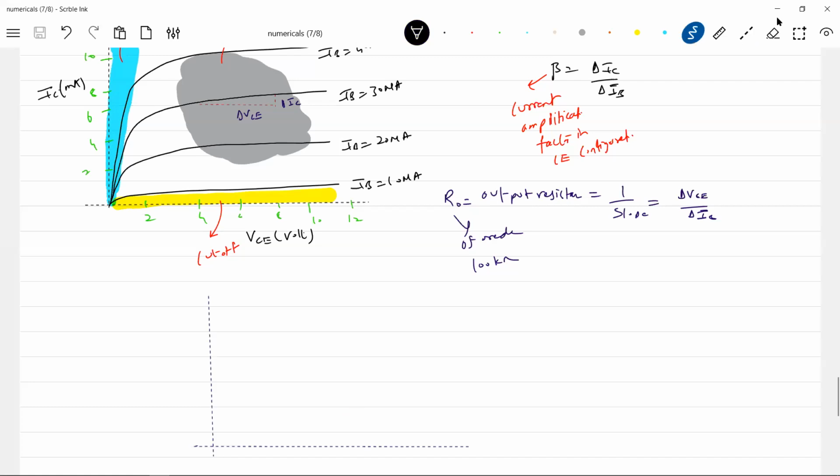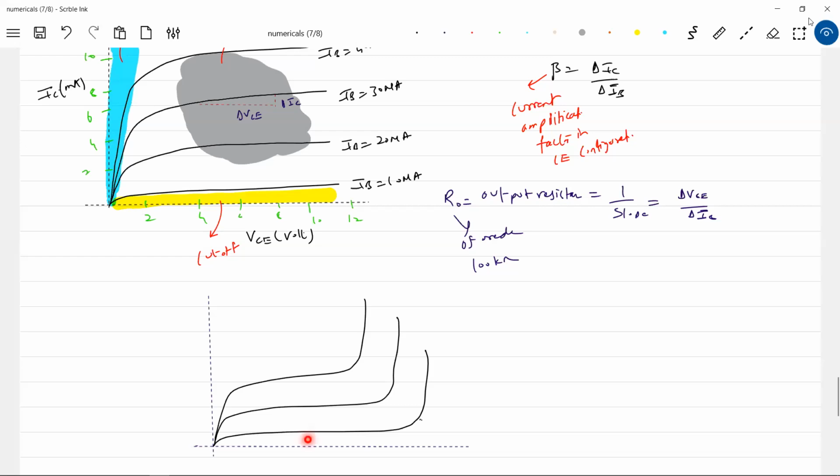The curves are, breakdown will occur, no? Because it's a reverse bias diode. So the current will increase. Then at a particular value, breakdown will occur, and the transistor will burn out.